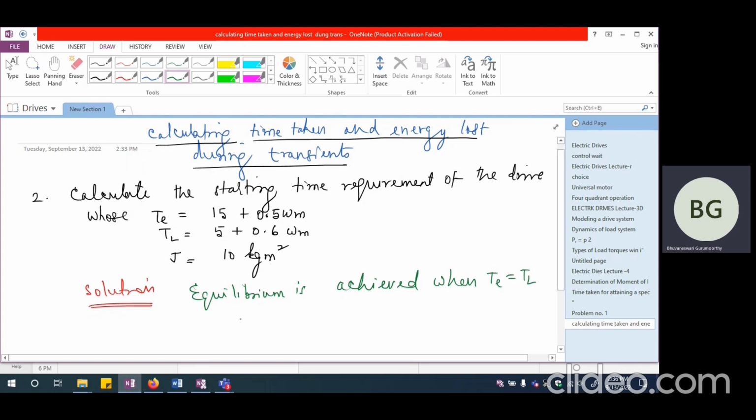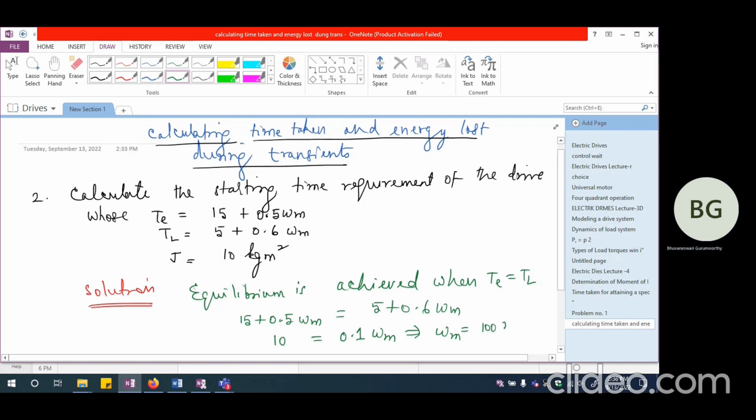So 15 plus 0.5 omega m is equal to 5 plus 0.6 omega m, which tells me that 15 minus 5, which is 10, equals 0.6 minus 0.5, which is 0.1 omega m. So omega m is equal to 100 radians per second.